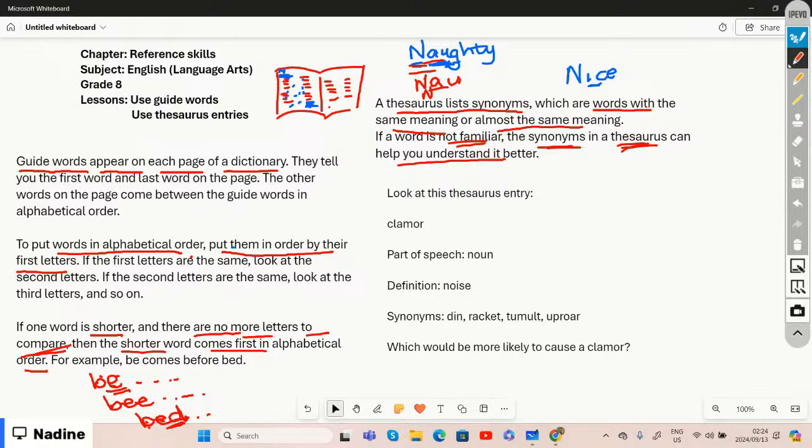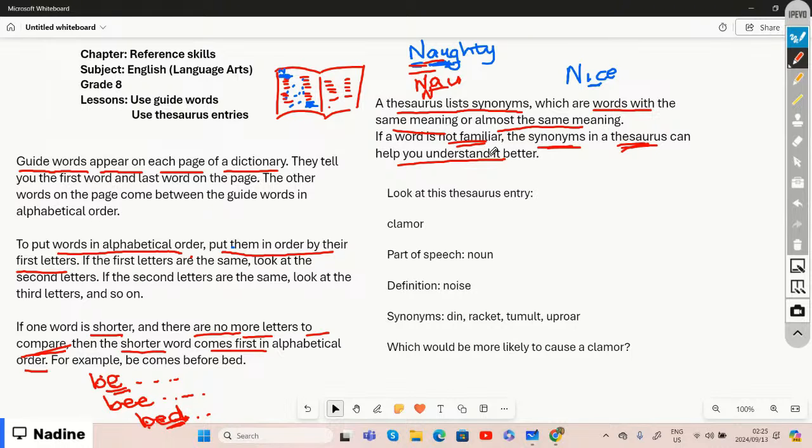Whereas with a thesaurus, like I said, they'll give you a brief meaning, the part of speech, the word, and a list of synonyms. So, for example, if you're looking for a word and you think, I've never heard this word, but then there is a list of synonyms, and maybe one or two of the synonyms will be familiar, and you'll be like, oh, so this word is the same as that word.